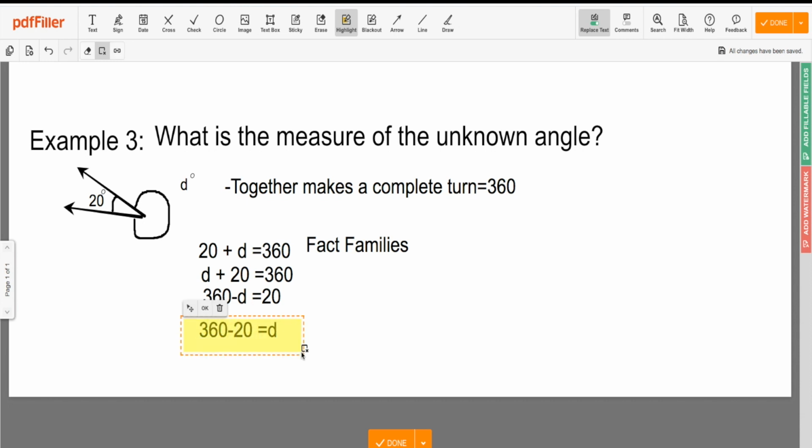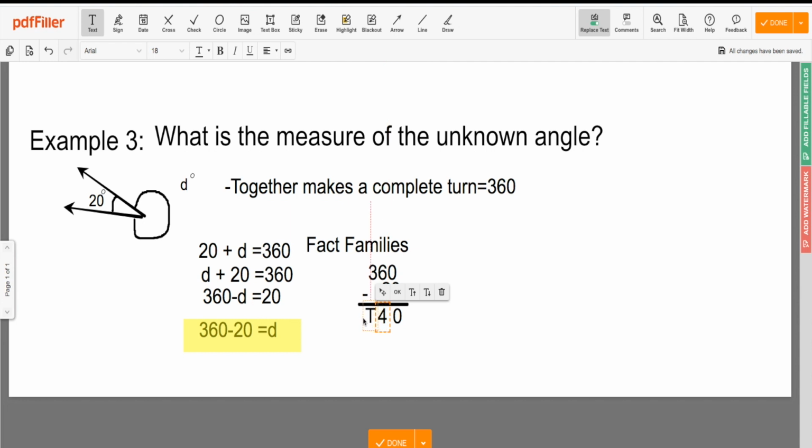You got it. 360 minus 20 equals D. Let's set this up as a vertical equation so we can go ahead and do our subtraction. 0 minus 0 is 0. 6 minus 2 is 4. And 3 minus nothing is 3. So our unknown value, D, is 340 degrees.